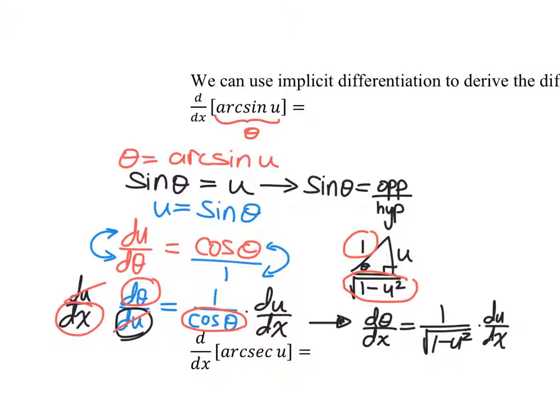I didn't get it in terms of x's, but at least I got rid of the thetas. All right. Since theta is equal to the arc sine of u, that tells me that the arc sine of u dx is equal to this expression.